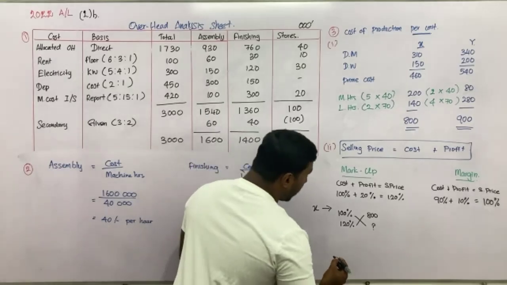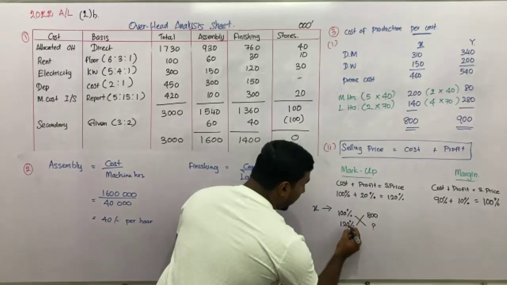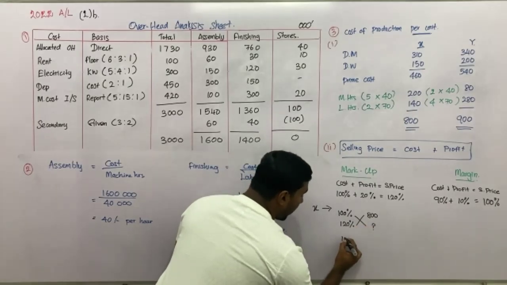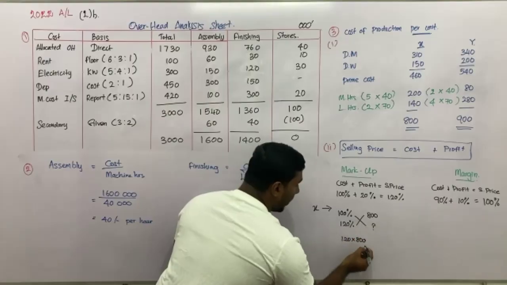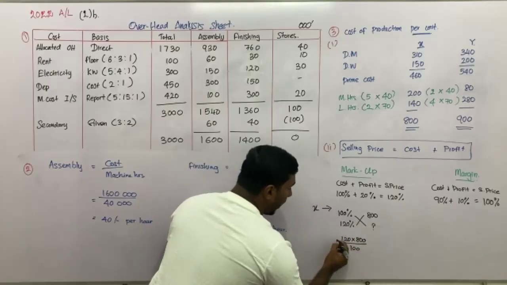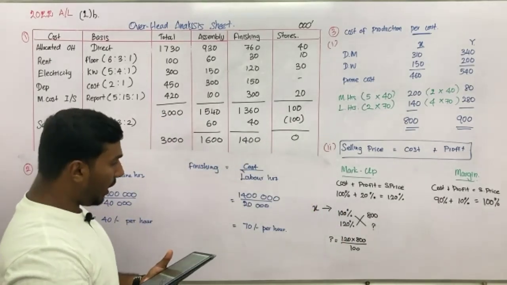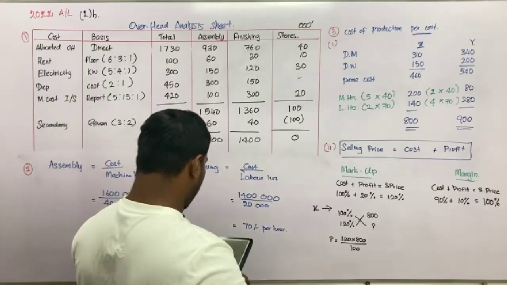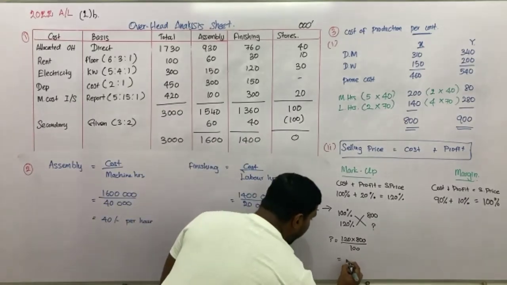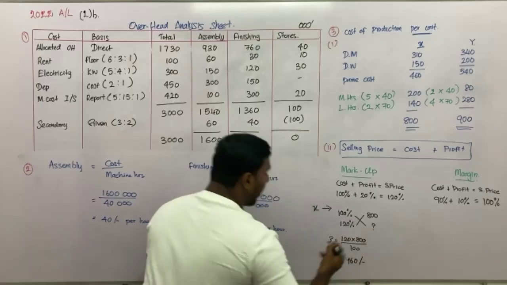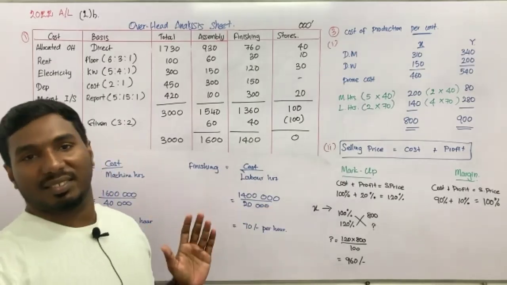If we cross multiply, 120 multiplied by 800, and 100 is coming down, and that will be the equation. After that, we'll do the calculation. 960 rupees will be our answer.